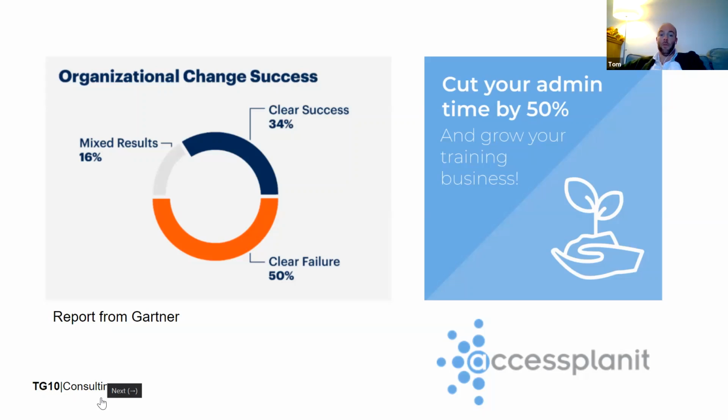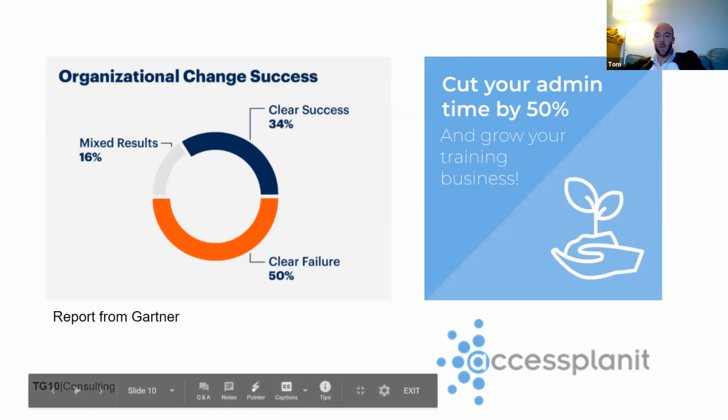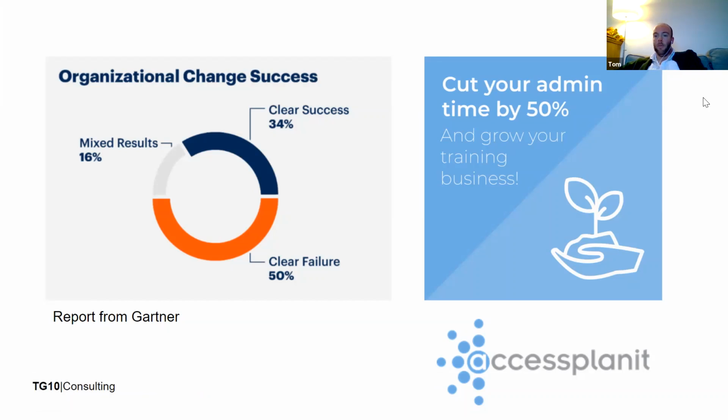Towards the end, in the project summary evaluation, you work out what the changes have been and what's been realised. And part of that, to the number on the side as well, is cutting out inefficiency and reducing administration, which is part of the Access Planet offering.